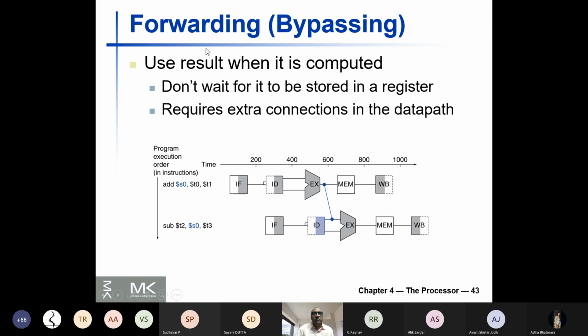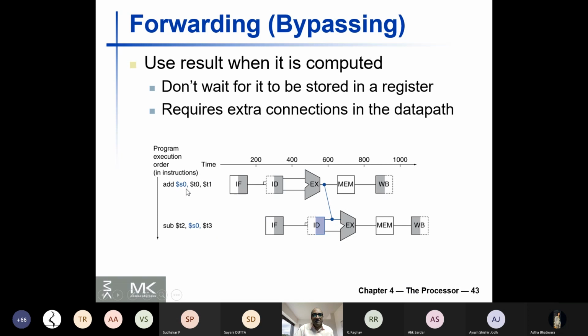One way to overcome this is forwarding or bypassing, which we introduced in the last class. For example, in these two instructions illustrated here, an add instruction is followed by a subtract instruction.